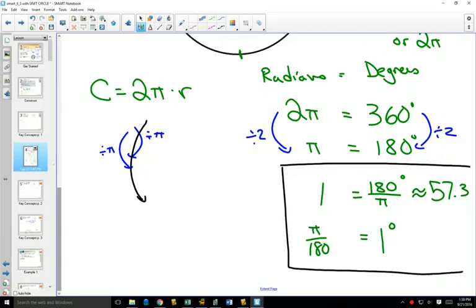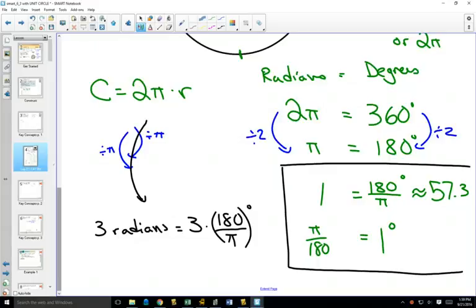And if you have those two values, it's quite easy to do that. If I want to change 3 radians to degrees, I could use this one, right? Because to get a 3 on this side, I'd have to multiply by 3. So then 3 radians would equal 3 times 180 over pi degrees.